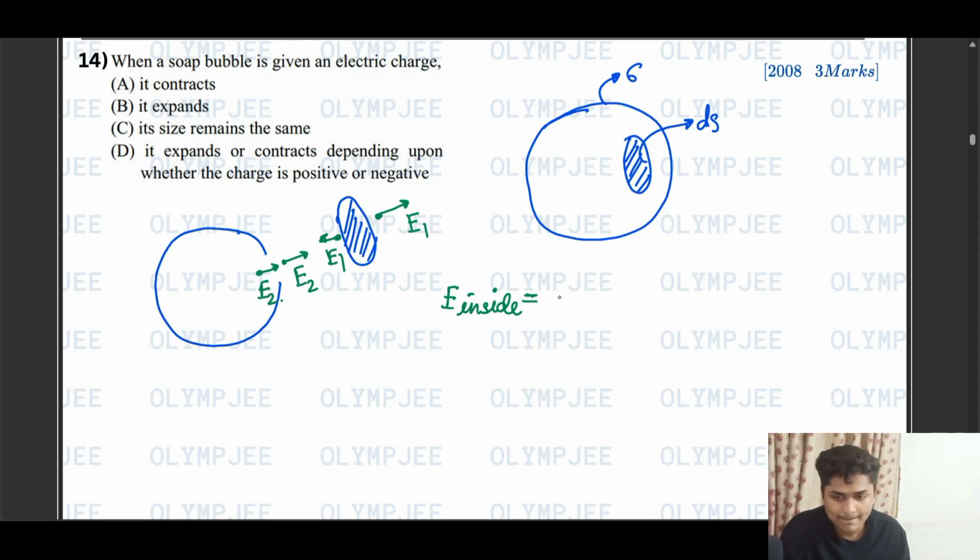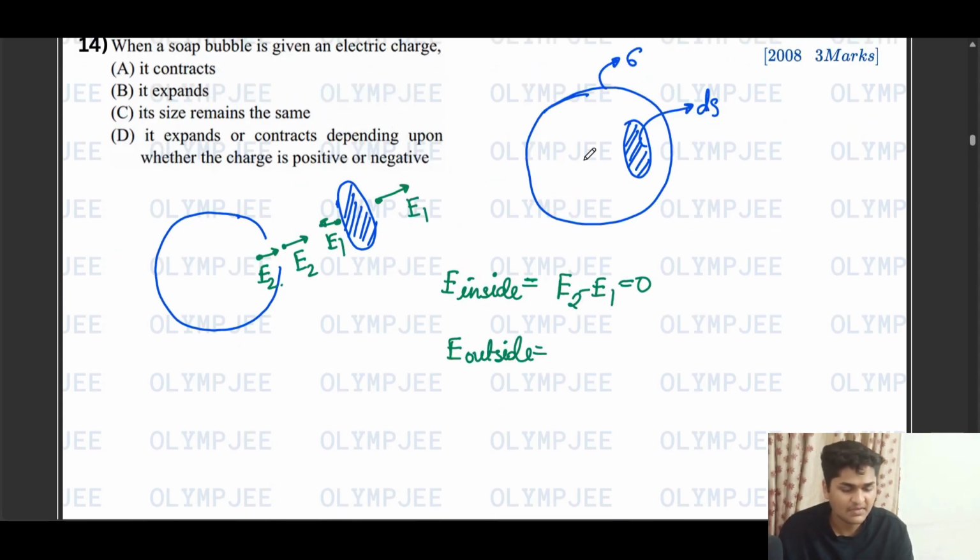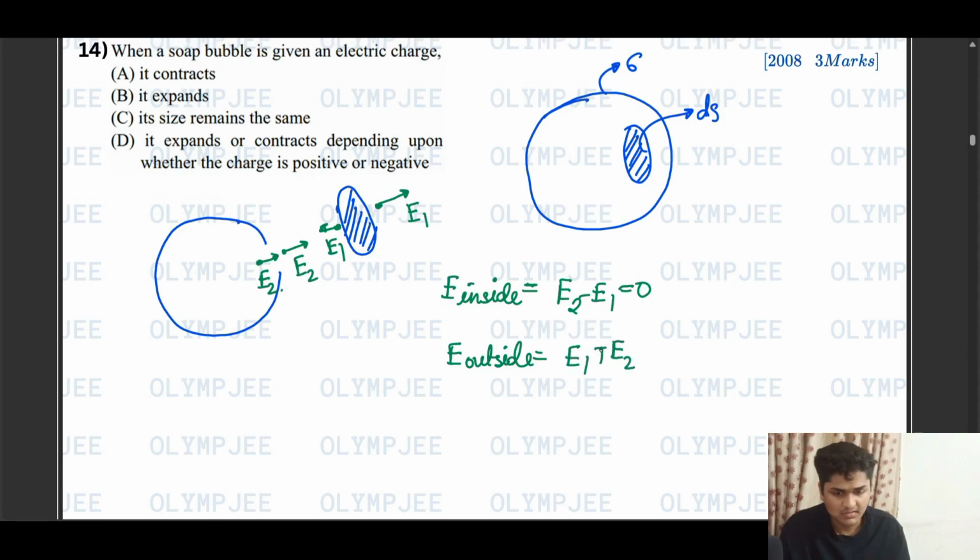So this will become E2 minus E1 is equal to 0 if I am taking this direction as positive. And E outside, we already know that outside it is given by sigma by A epsilon naught. We know by Gauss law. So E1 plus E2 is given by sigma by A epsilon naught.